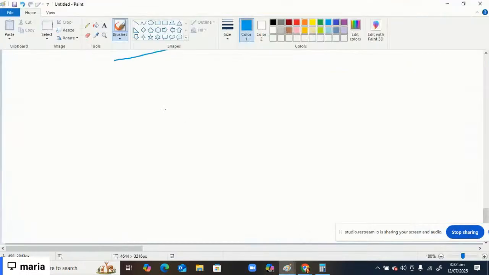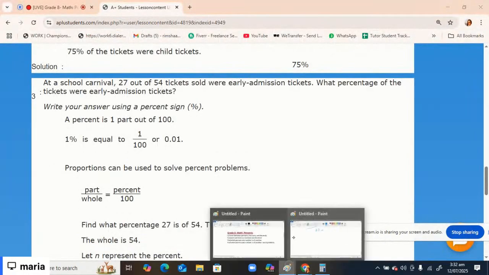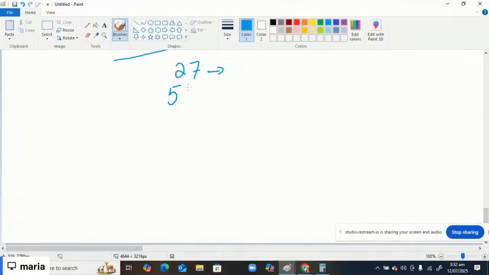27 out of 54. They are saying that 27 out of 54. 27 is a part, 54 is a whole.